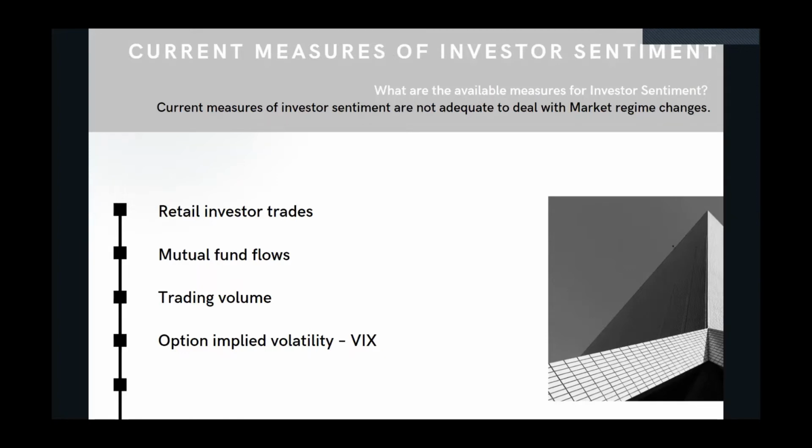Sure. Sentiment is not new. In the old days, investors gleaned through the Wall Street Journal or picked up conversations over coffee on Wall Street to gauge the mood. With the exponential growth of data, several proxies are used today: retail investor trades, mutual fund flows, trading volume, and of course VIX, which is the implied volatility of the market, also known as the fear gauge.